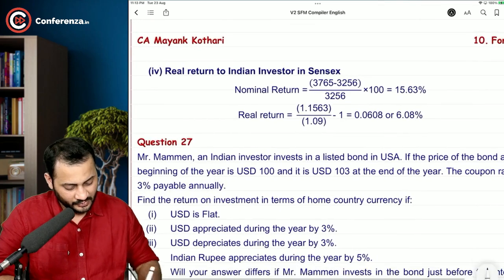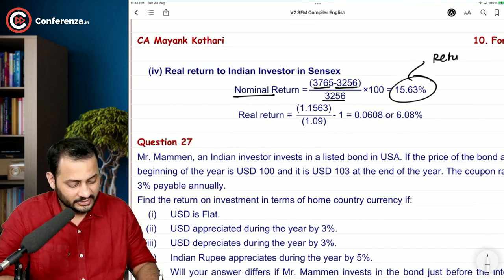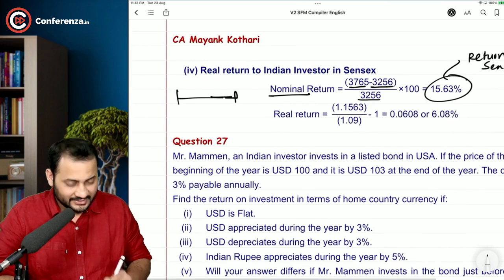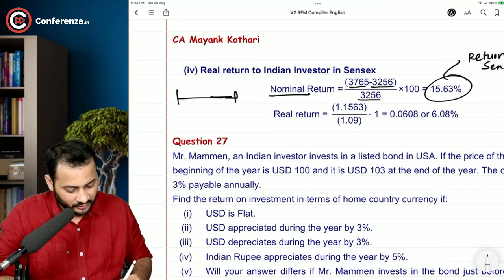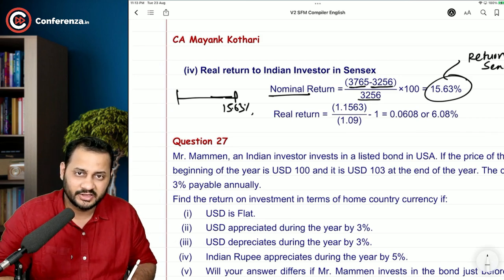Consider that you know this formula and we are just going to apply it. See, the nominal return is the closing Sensex minus opening Sensex divided by the opening Sensex. So basically this is nothing but the return of the Sensex in 1 year, right? Now understand the logic. By passing through the entire year, you have earned 15.63% by investing in Sensex.